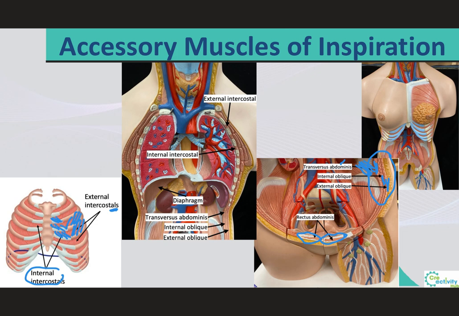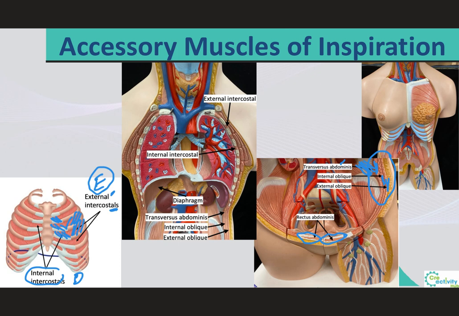So this means that when they contract, they will do opposite functions. Again, the external will elevate the ribs. That's how I remember that external starts with an E. So they will elevate the rib, and the internals will depress the rib.